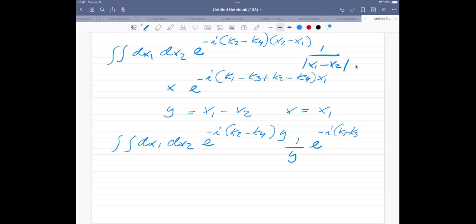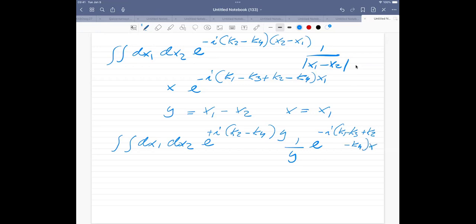There should actually be a minus here. No, sorry, it's a plus here because I defined y to be x1 minus x2. So this has a plus K2 minus K4 times x.